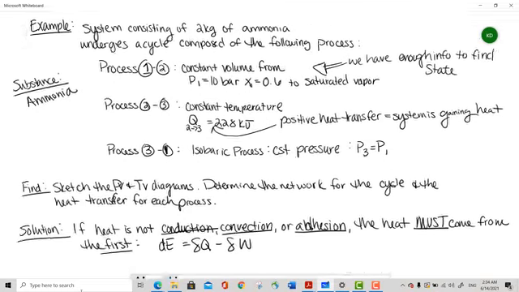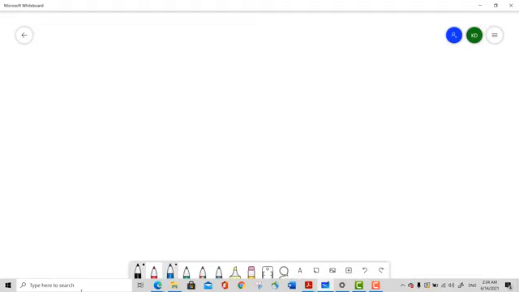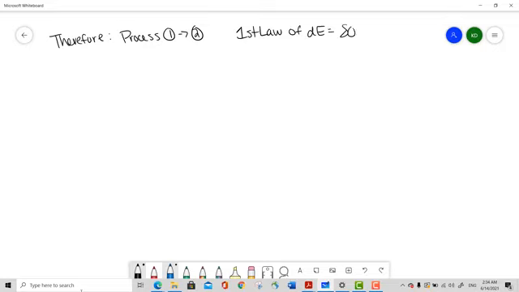So let's pull up another page. So because of that, therefore, process 1 to 2 with the first law. I'll just rewrite this again. And again, what do we know about this first law? We know that we can break it down to kinetic energy, potential energy, and internal energy.